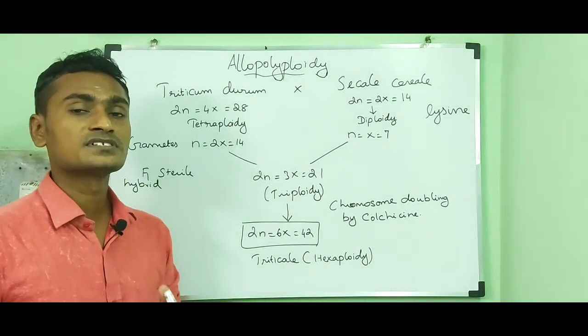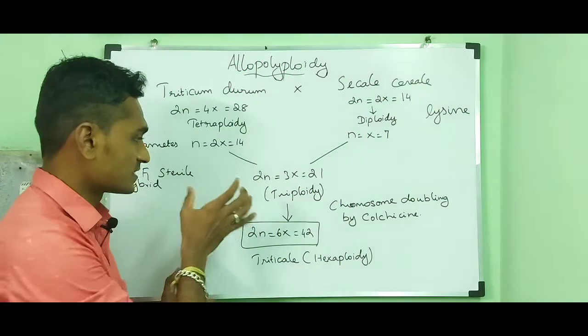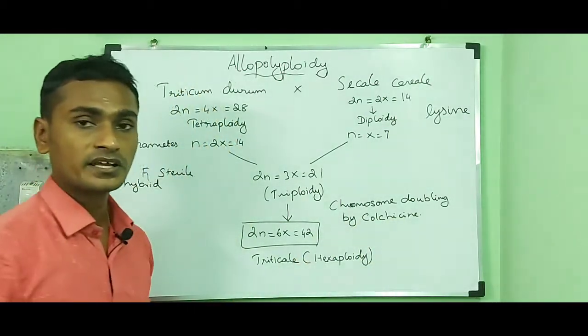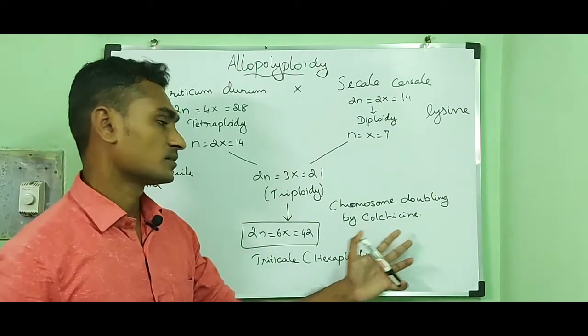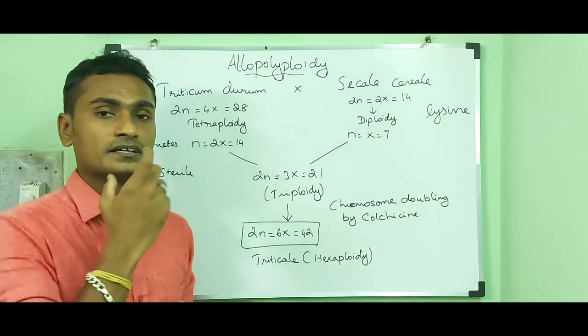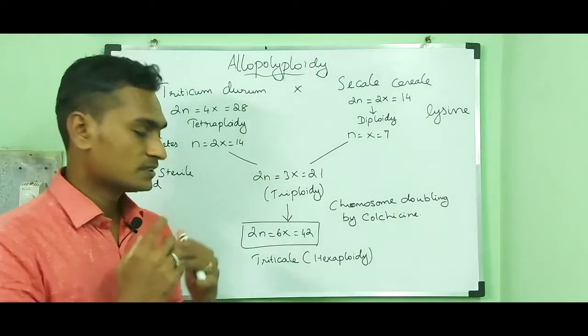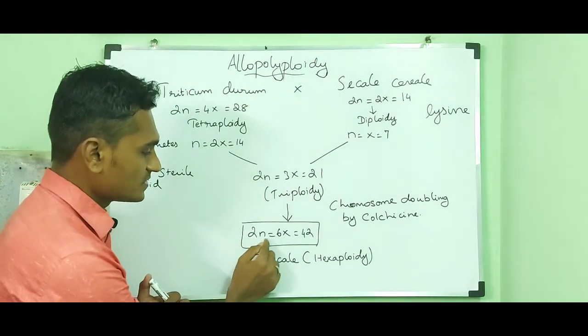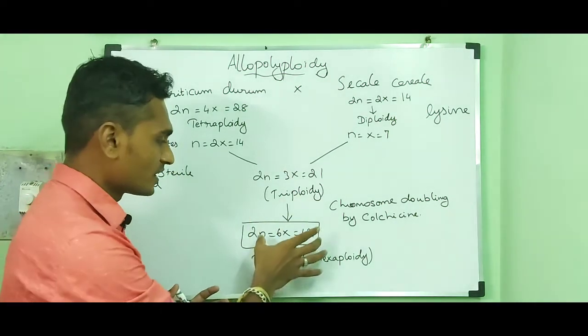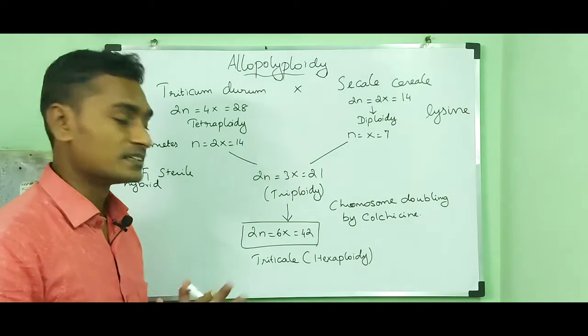So we have to restore the fertility of that sterile plant by applying the chemical colchicine. After the application of colchicine, the chromosome number gets doubled. So 2n = 6x = 42.